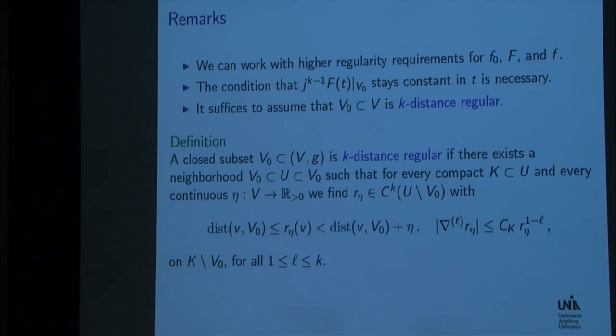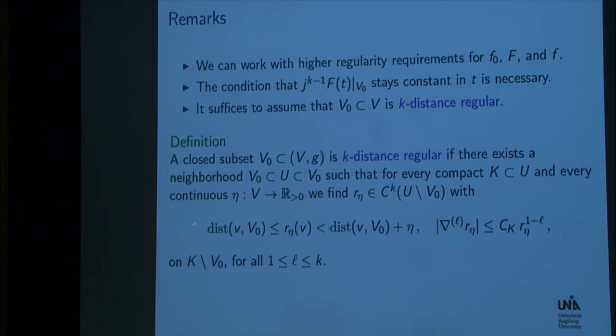And this means we have a certain property of the distance function to the subset V0. The property is that we must be able to find a C^k differentiable function in the complement of V0. So we remove V0. So it must be C^k regular, which is in general not the case if we just have a closed subset.